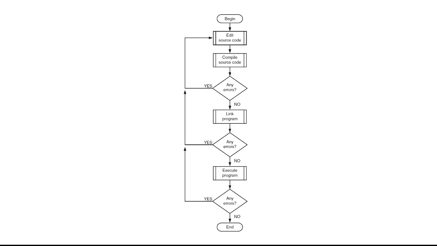If there are, then you need to go back and fix those errors, then compile it again, and you go through this process until you don't have any compilation errors. After that, the linker links the object files and libraries, as we discussed in the previous slide. After the linking, there could again be linking errors, and you can fix them and then come back.